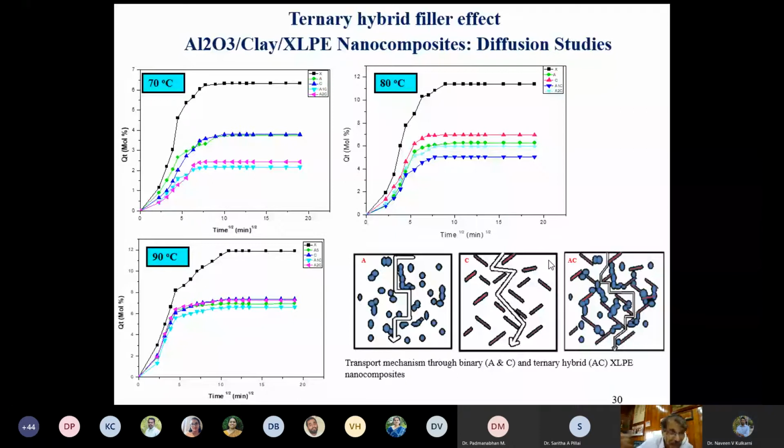And if you put clay alone, clay is a beautiful material for resistance to water diffusion. But still, if you use clay and another material, if they self-assemble and form a network, you can make excellent water-resistant cables. Next slide, please.